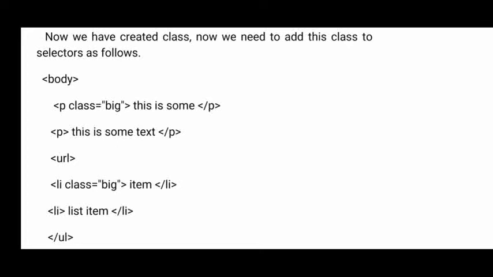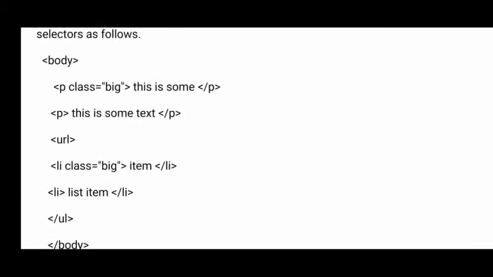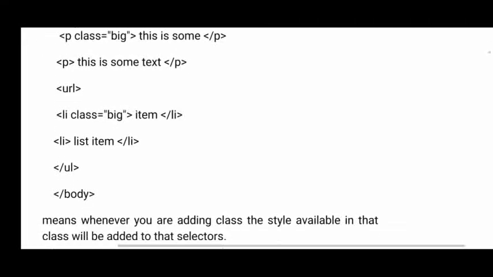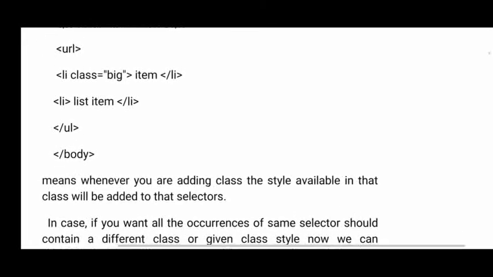In this example you can see p class equals big. Class equals big means whatever properties you have given in the big class will be applicable to this element. This is about the class selector.